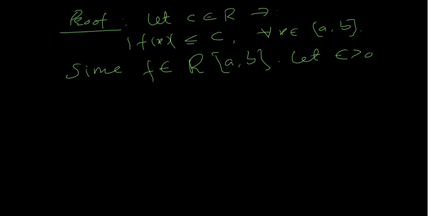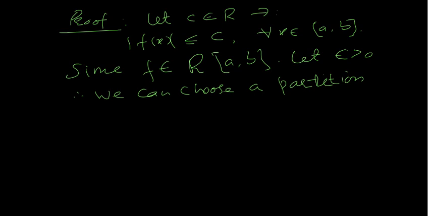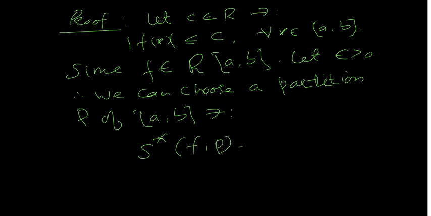Then, by Riemann's criterion for Riemann integrable functions, we can choose a partition P of a, b such that the upper sum minus the lower sum with respect to this partition is less than epsilon. Here f is Riemann integrable.